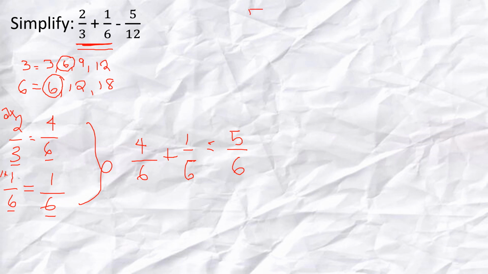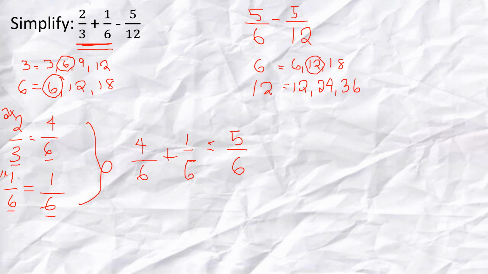So we have 5 over 6 minus 5 over 12. Again, we have to change the two into similar by getting their LCD. So 6, 12, 18, and 12, 24, 36. The LCD is 12. We can now change the two into similar fractions.